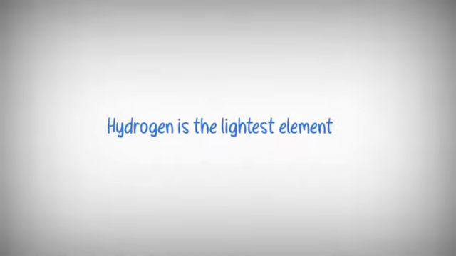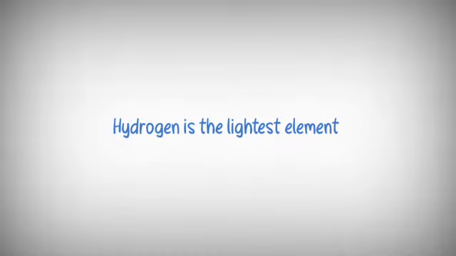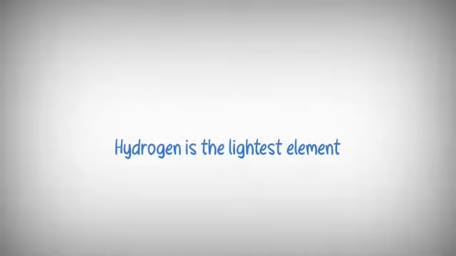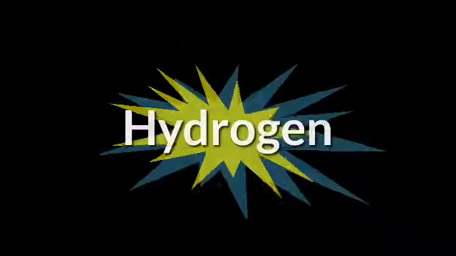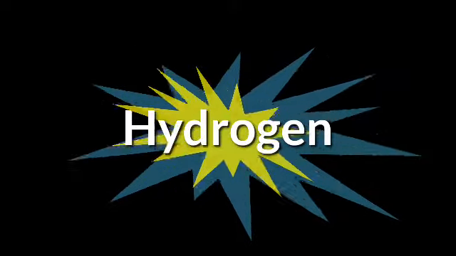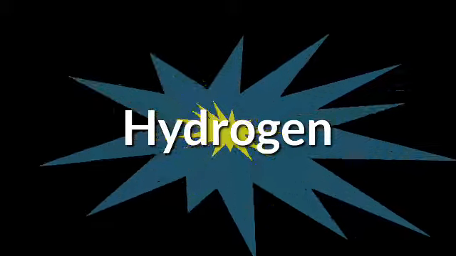Option A suggests that hydrogen is the lightest element. By simple reasoning, you should know that this will be in agreement with option B, because such light elements should be able to easily catch fire, and option B says it is highly inflammable.